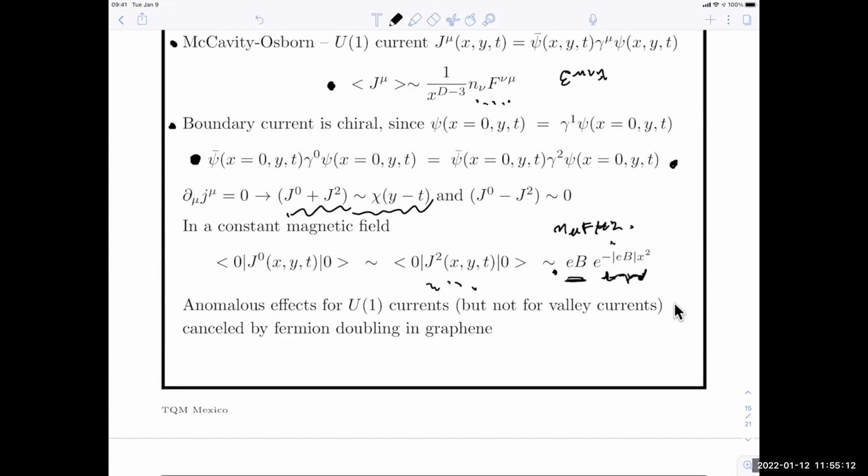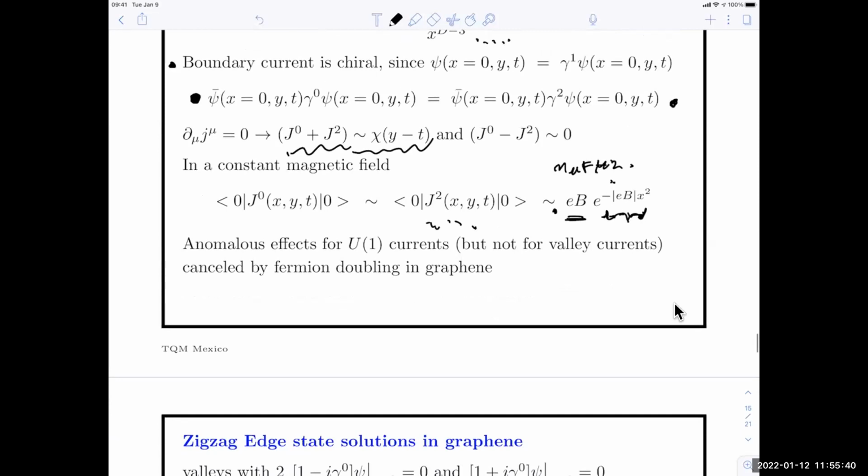So the really interesting stuff here is either for valley currents, which are maybe a little bit less physical than the U1 current, for sure less accessible, or perhaps for some valley polarized Dirac material, like is thought to occur on the boundaries of some topological insulators, in which case what I said here would seem to hold.